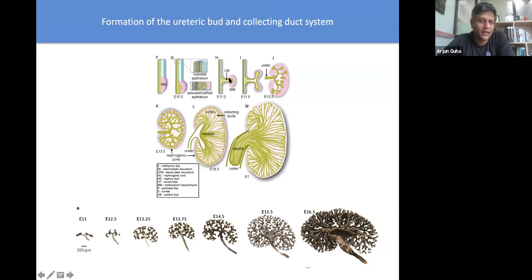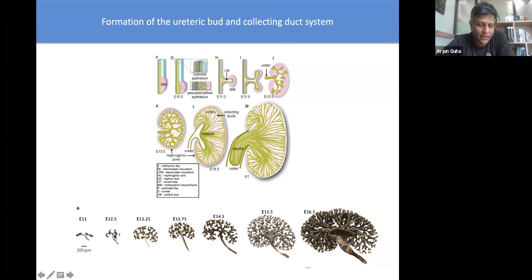This ureteric bud then intimately interacts with this metanephric mesenchyme that forms a cap around it. And there is a very intimate interaction between these 2 structures that then leads to both the branching of the ureteric bud and to the proliferation of cells that constitute the cap mesenchyme. And this process then repeats itself over several generations, over a period of 5 days, to give rise to this highly branched structure of collecting ducts that form.